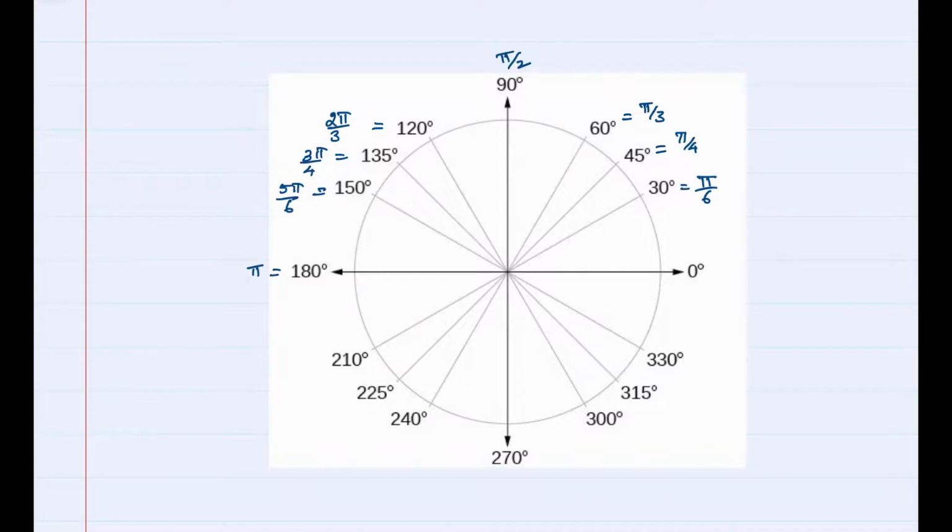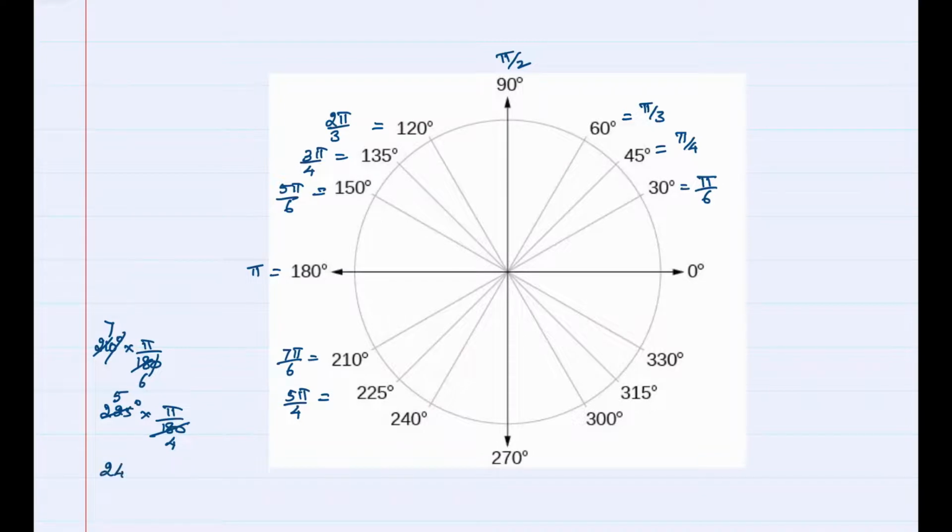Now, third quadrant angles, 210 degrees. So, it is 7 pi by 6 radians. Then 225 degrees, this is 5 times and 4 times, which will be 5 pi by 4.